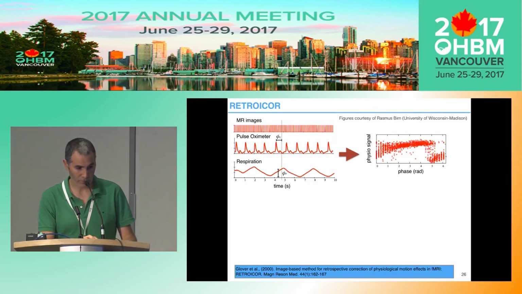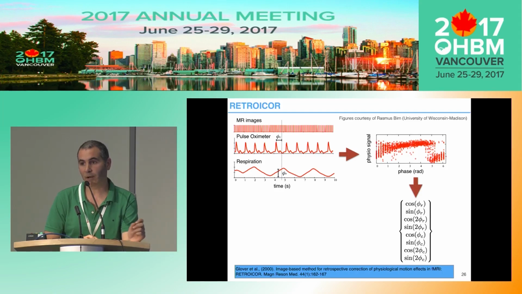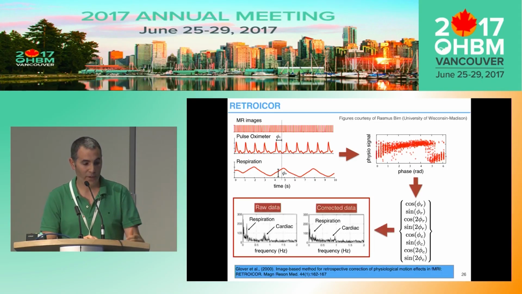Then, based on that, you can compute a time-varying phase or instantaneous frequency that fluctuates in time, and then it's possible to develop a Fourier model that uses those instantaneous frequencies in order to create nuisance regressors that can account for the respiration and the cardiac rate.